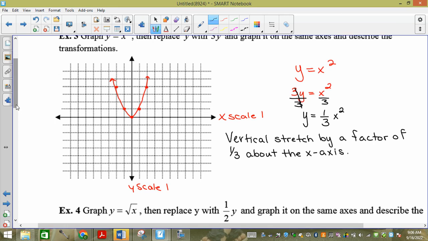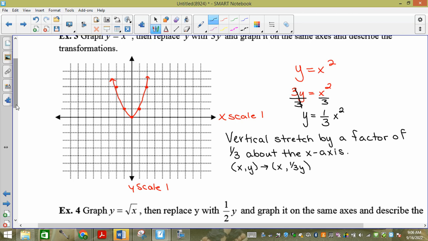And my mapping would be x, y becomes x, comma, 1/3 y. So technically, all my x's are staying the same, but my y's are being thirded. If thirding is the thing. Made it like an action verb, thirding.